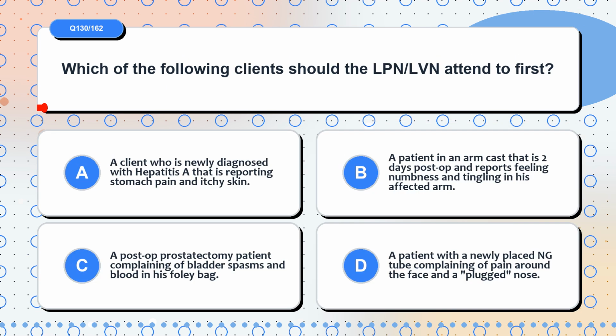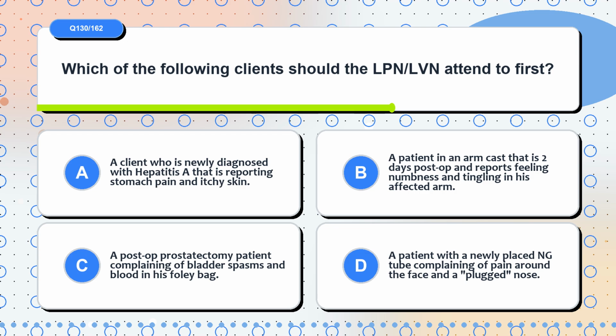Question 130. Which of the following clients should the LPN/LVN attend to first? Here are the options. Option A. A client who is newly diagnosed with hepatitis that is reporting stomach pain and itchy skin. Option B. A patient in an arm cast that is 2 days post-op and reports feeling numbness and tingling in his affected arm.